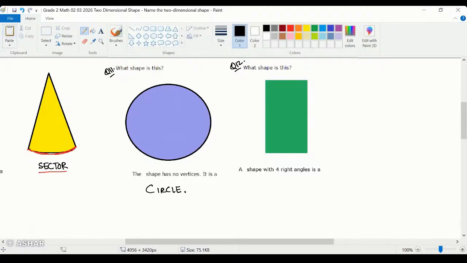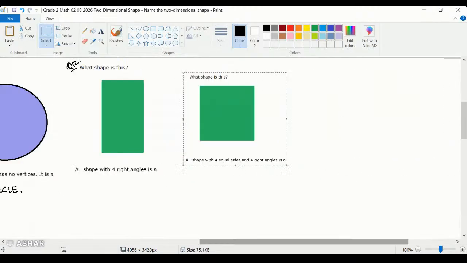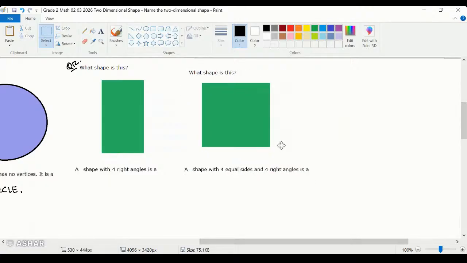See, we know that a shape with four right angles. If this was question number 13, question number 12 and question number 13 have a difference, right? Question number 13 is saying a shape with four equal sides and four right angles.